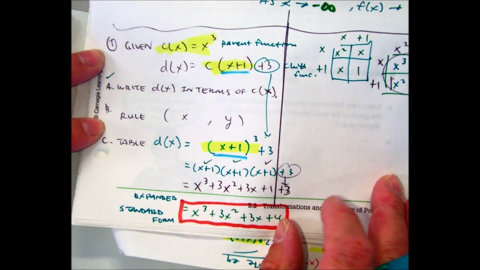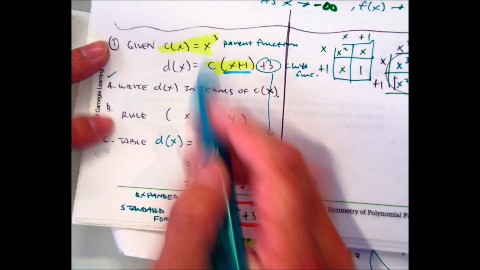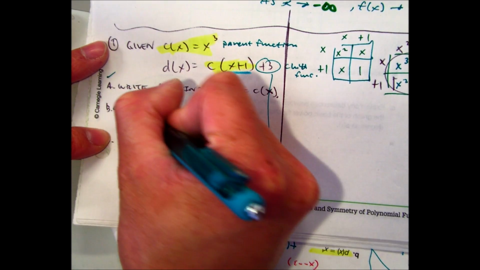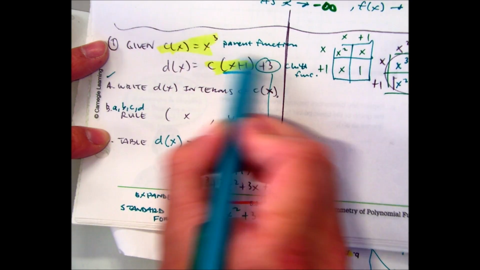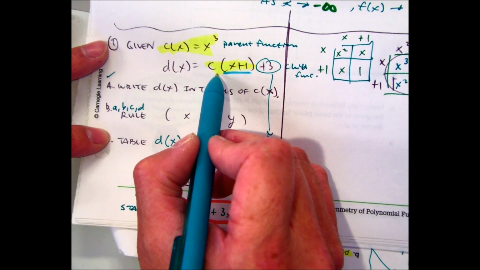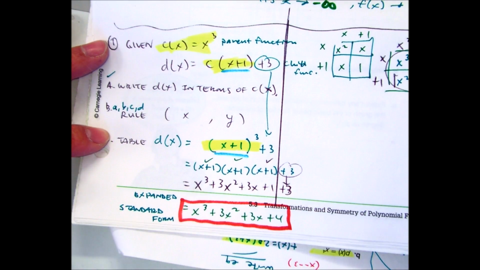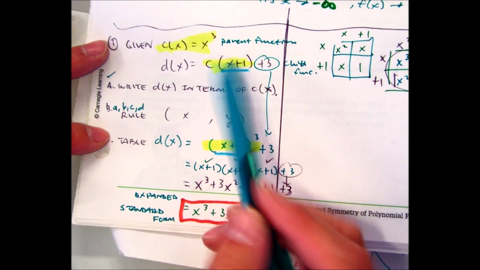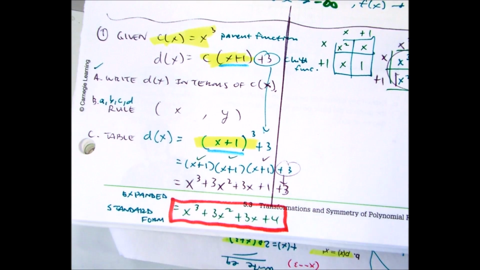The second thing I want to talk about is the rule. Well, that goes back to our A, B, C, and D. In this problem, there is no a value. Class, do I have a b value? Do I have something in front of the x? No. And do I have a c value?